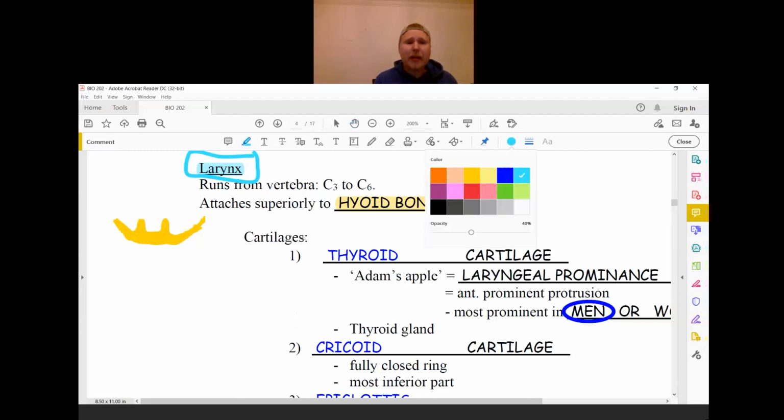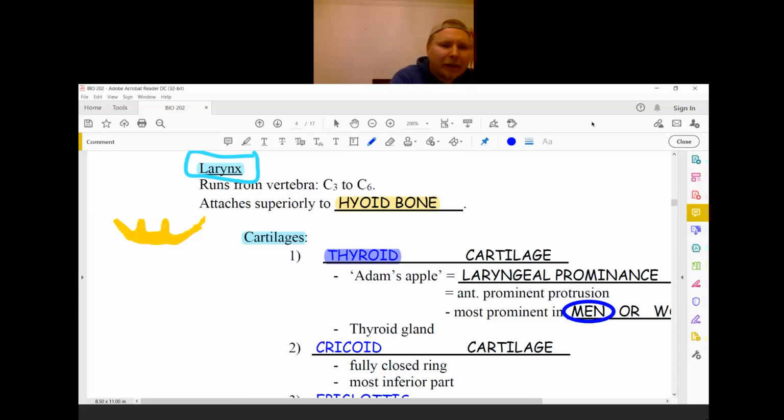And the cartilages that we will look at, let's start with the first one. The first one that we will look at is going to be our thyroid cartilage. There's one thyroid cartilage in a larynx. And that's probably the largest cartilage part that we see there.